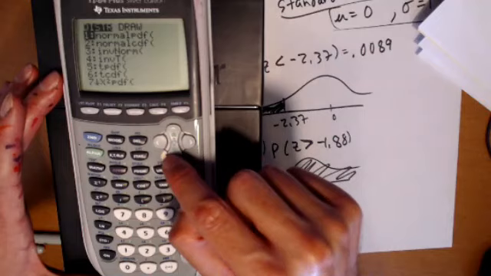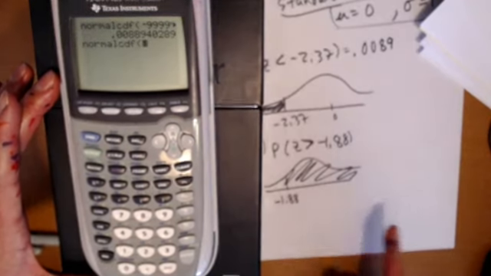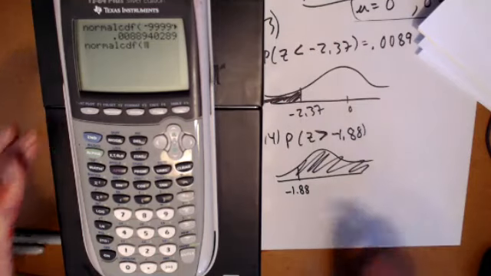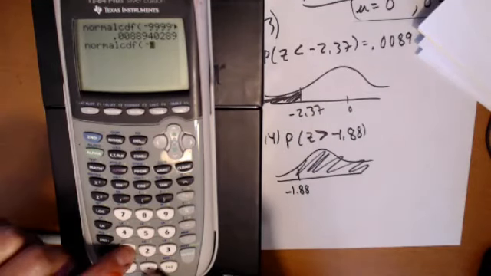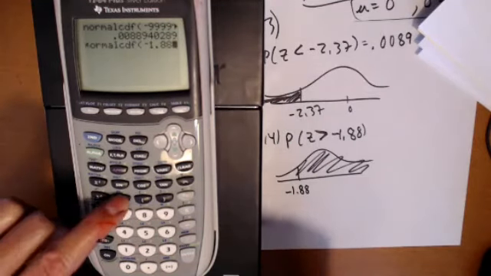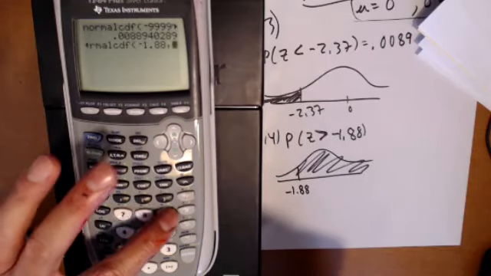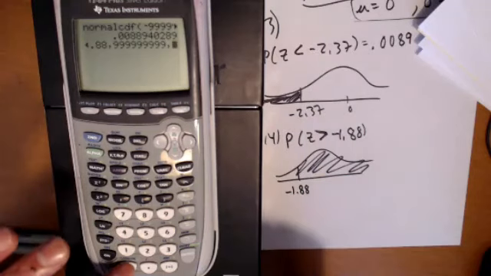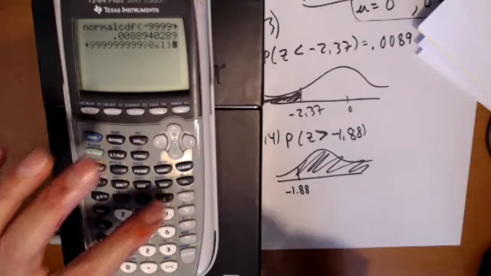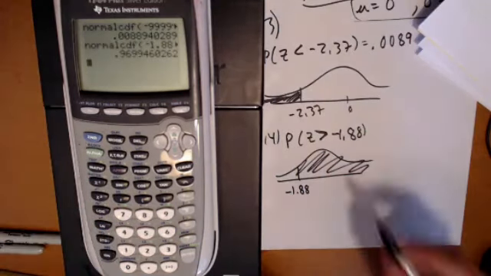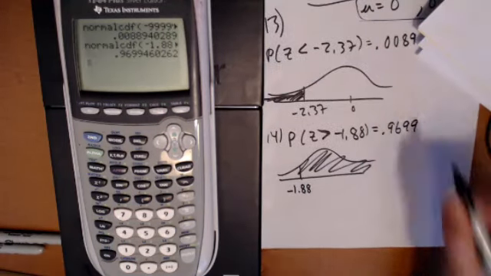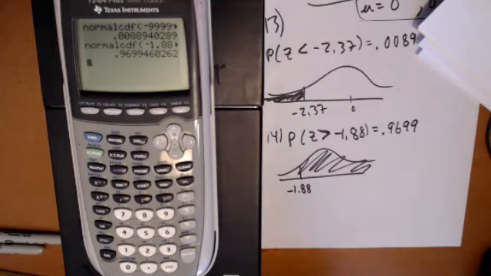Distribution, normal CDF, enter. And you see now it's going from -1.88 all the way to infinity. So make sure you give it -1.88, comma, infinity. I'm lazy, so I'm just going to put 9s, comma, and then 0, comma, 1. Enter. And it gives me an answer of 0.9699. More than 0.5, like I said.